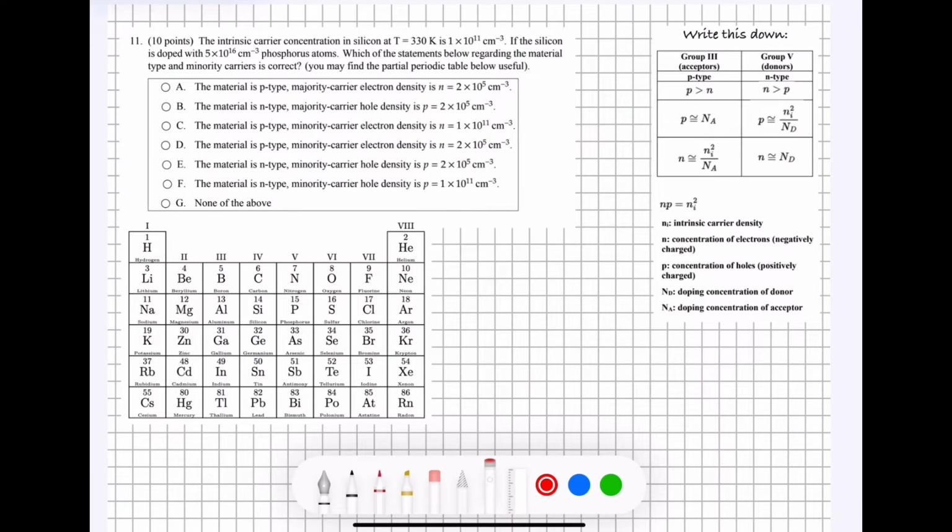But essentially this over here is all of the information we're going to need to solve this problem, those formulas as well as the definitions of what those variables are.